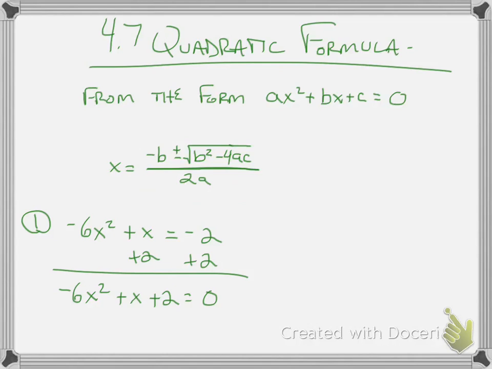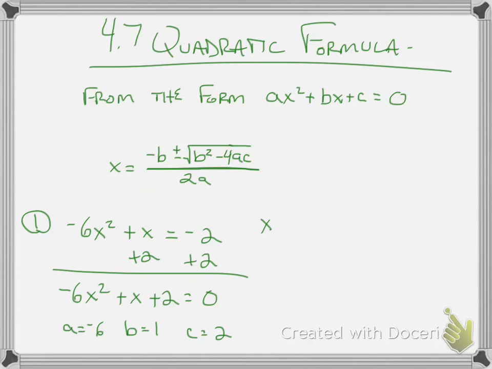Okay? And then I have my A equals negative 6, B is equal to positive 1, and C is equal to positive 2. Make sure you're using the positives and the negatives, and wait to get your A, B, and C until you have it in this form, everything on one side equal to 0 on the other.